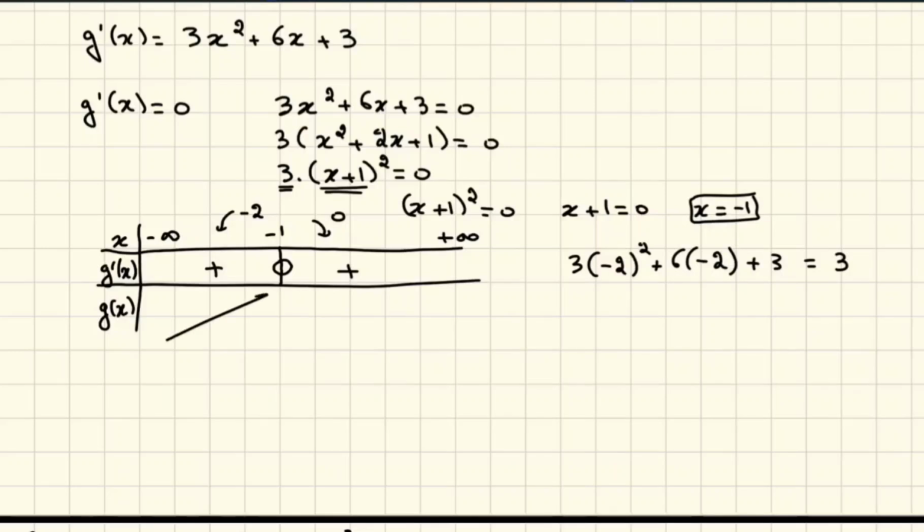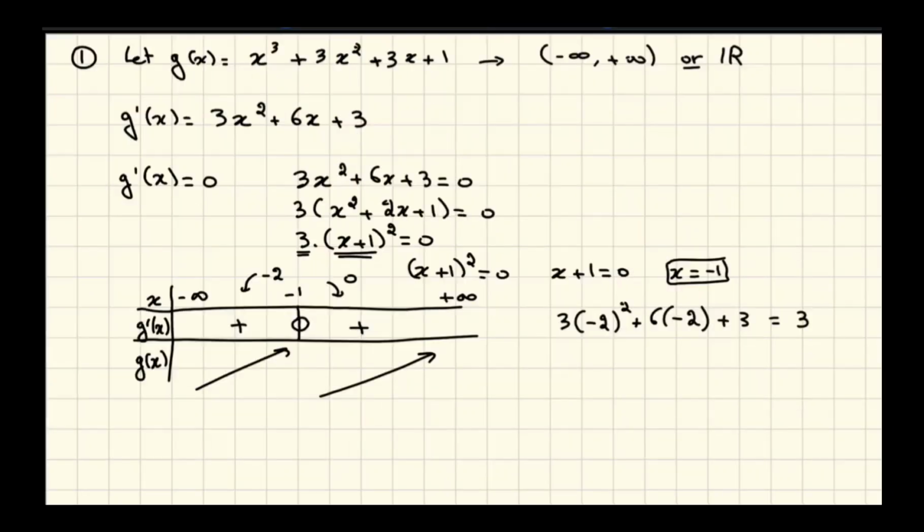So in this case, our function is going up, then up. When the function goes up and up, it means g prime of x does not change the sign over that value of x. It means the function does not have a local maximum, does not have a local minimum. In this case, we say at x equals -1, we have a saddle point.